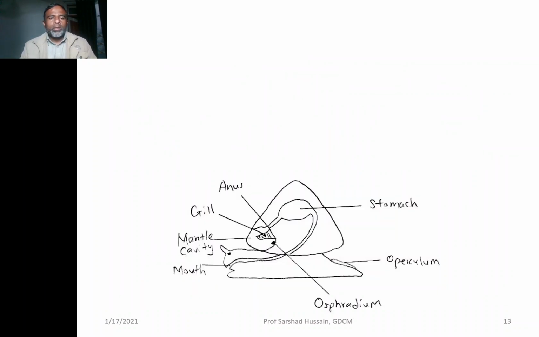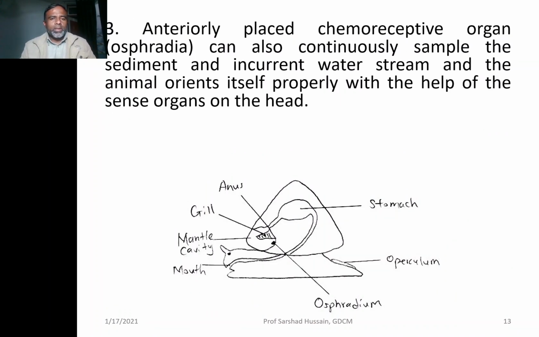No, the third significance is the anteriorly placed chemoreceptive organ. You can see within this mantle cavity there is another chemoreceptive organ called osphradia. Once it is located anteriorly, because this is a chemoreceptive organ, it can sense the change in the water.